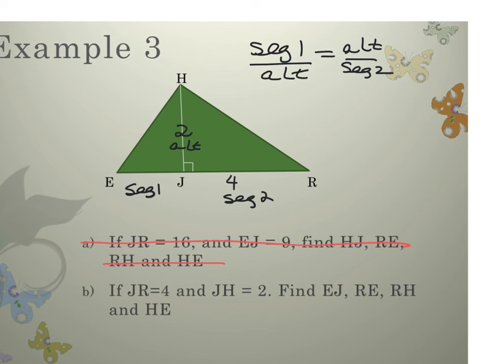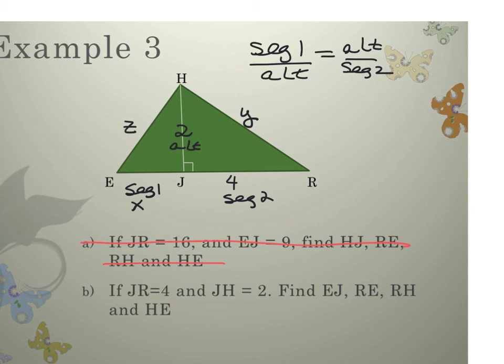This is altitude. Let me add in variables again just to simplify my proportions. Segment 1 I'm going to call X. This one I'm going to call Z. And this leg I'm going to call Y. You could use whatever letters you want. I'm just trying to simplify my proportions a little bit.